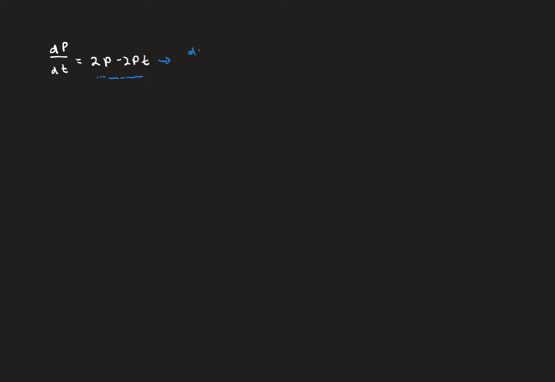So our best strategy is to factor the p out. You could factor a 2 as well, but generally we want to leave all of the messiness on the dt side and keep the function side as clean as possible, because we're going to have to eventually solve for that function.